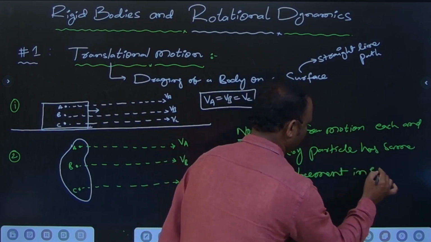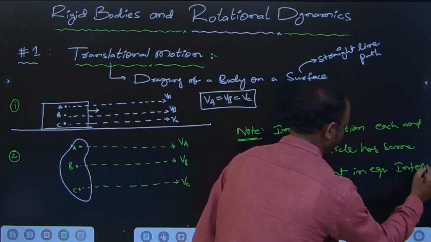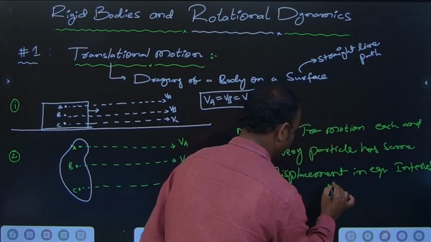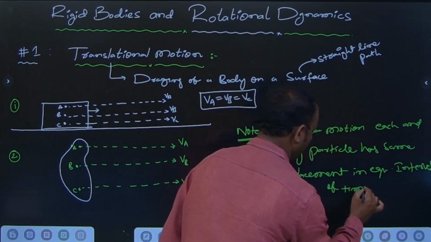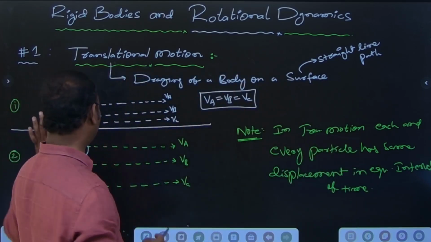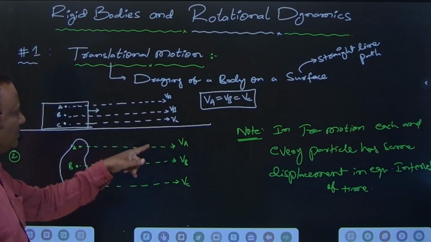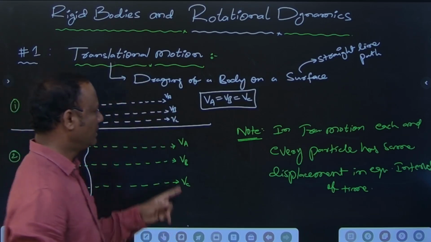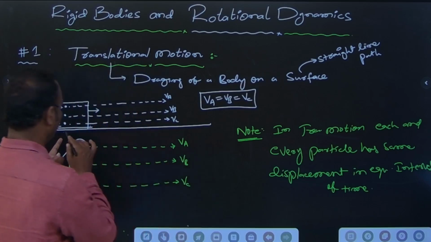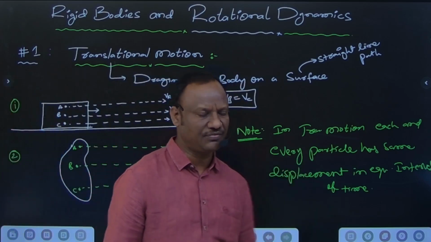Equal intervals of time is the important thing to remember. All the particles have the same parallel velocities, and if they move from one point to another, they have equal displacements in equal intervals of time.